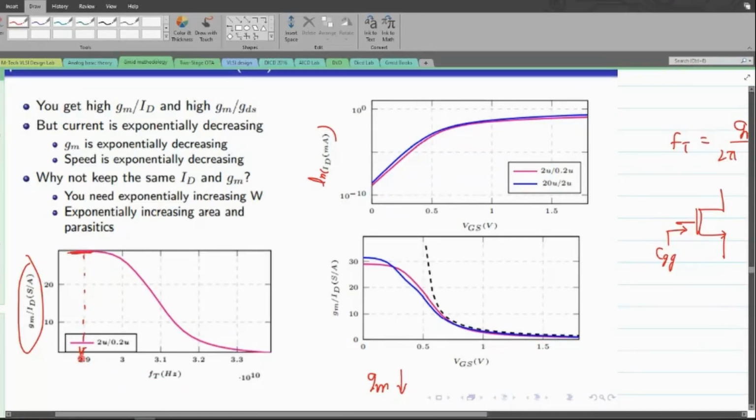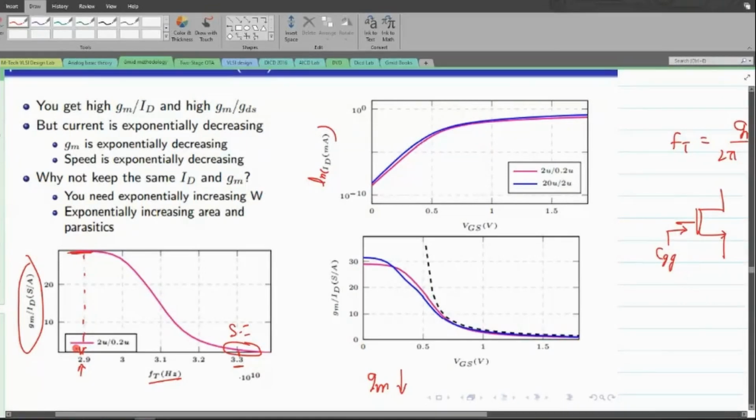So the value of FT is small, and as you move along this axis, you could see that the graph steps down in GM over ID. Clearly, when GM over ID is small, or whenever I'm operating in the stronger inversion, we end up having a value of FT that is higher than the value of FT that I normally get when I operate in the weaker inversion.